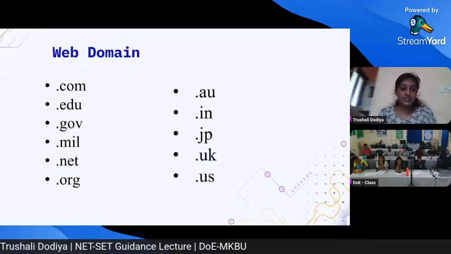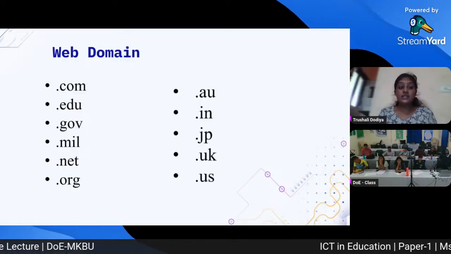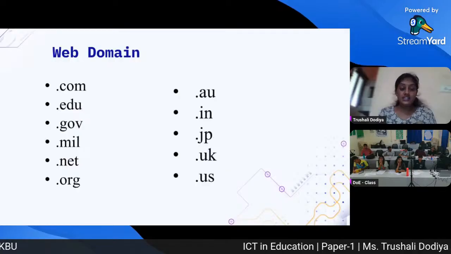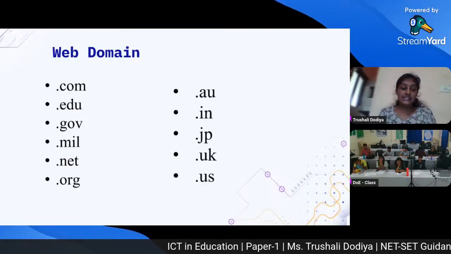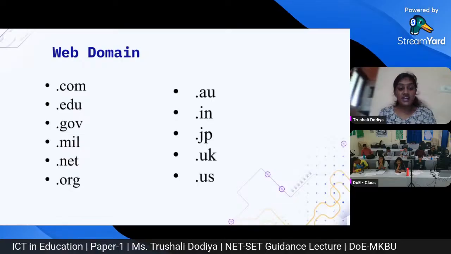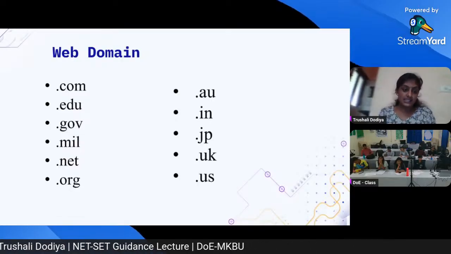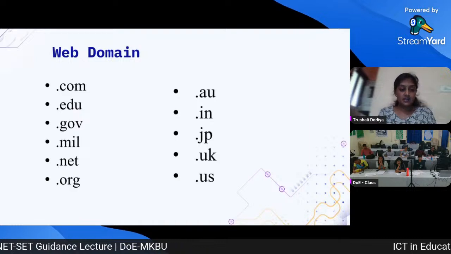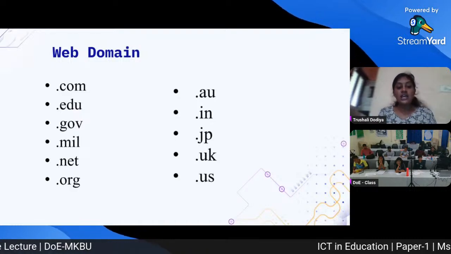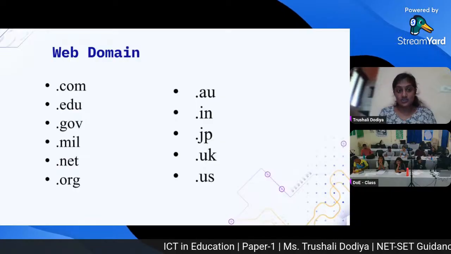Like .com is about companies. .edu refers to educational institutes. .gov defines the government websites. .mil defines military things. .net defines networks and all, and .org is about private organizations.